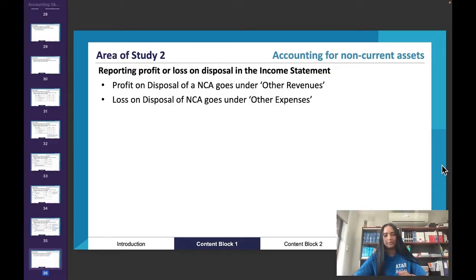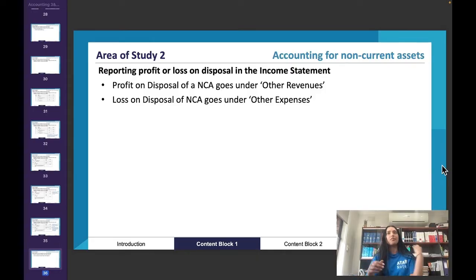And then a loss on disposal of a non-current asset goes under other expenses. And it's a very similar train of thought and reasoning for why it goes under other expenses instead of going under cost of sales or before adjusted gross profit. So very similarly, only expenses that are related to inventory, either related to the sale of inventory or related to inventory in general, go before adjusted gross profit.